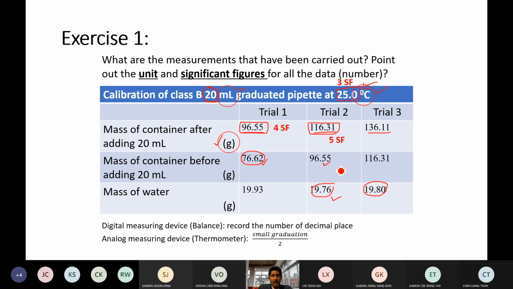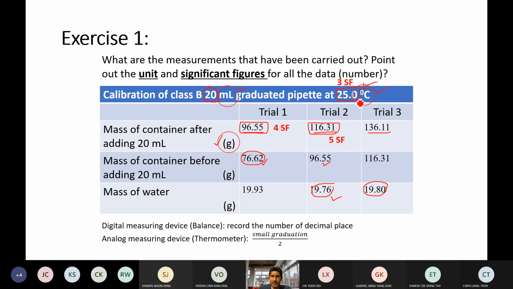Now, how do we find the tolerance or uncertainty for this type of measuring device? For these digital measuring devices, it will give us the tolerance. It will be giving us in decimal places, like the temperature. Let's say we are using a digital thermometer.